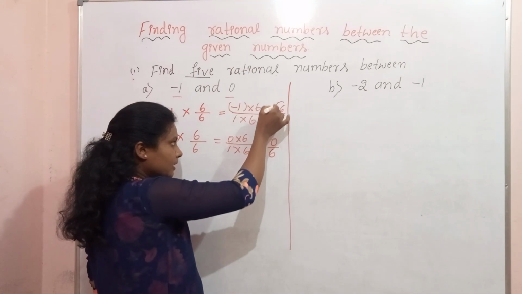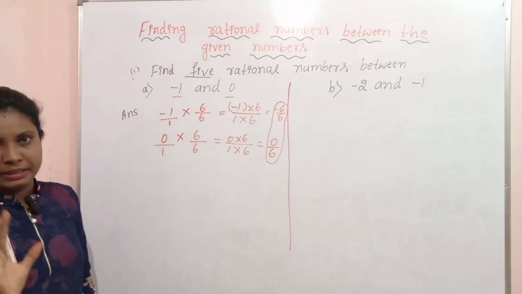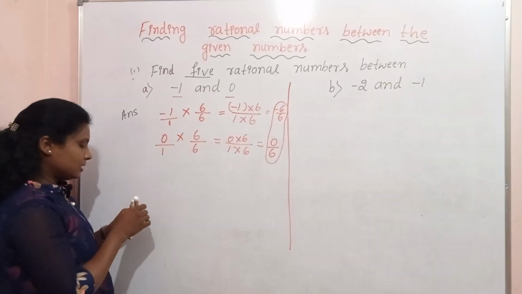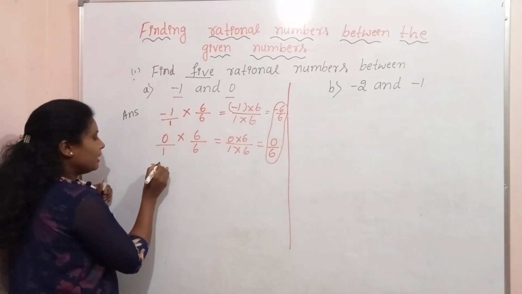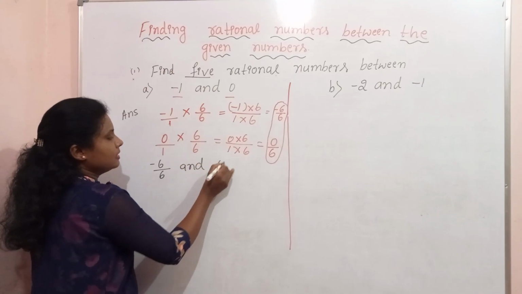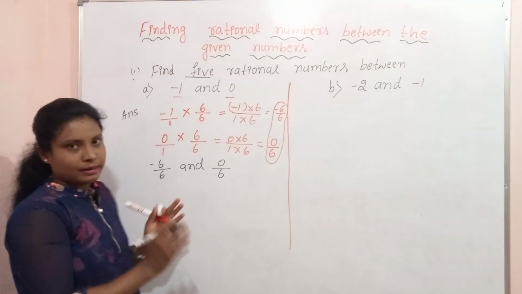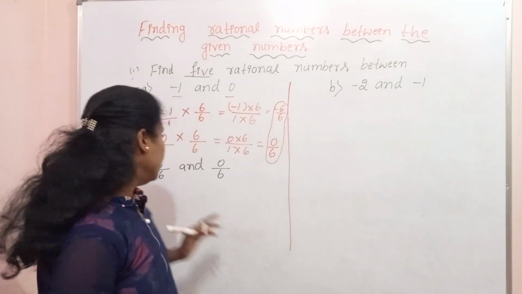Now between these two numbers we are able to write at least 5 numbers. So first it is -6 by 6 and 0 by 6. We are standing here on the number line, we understand already.